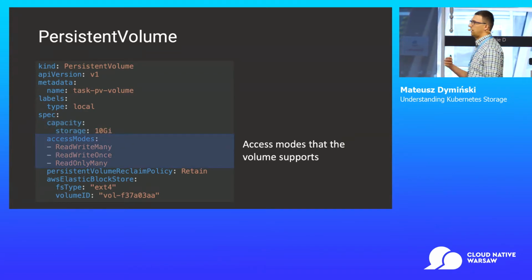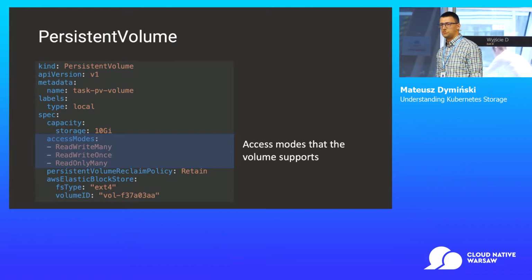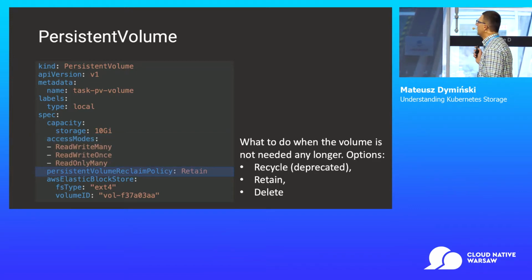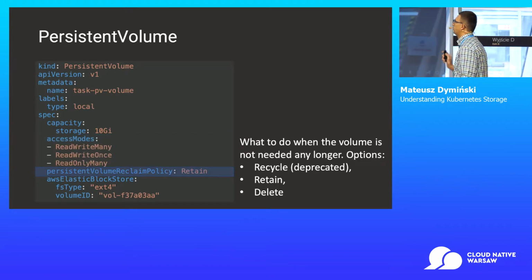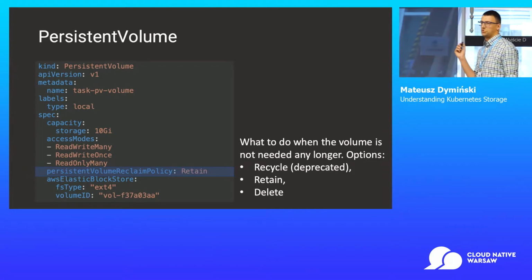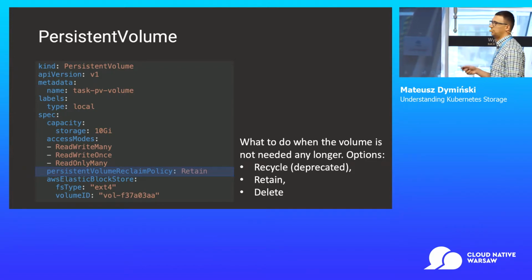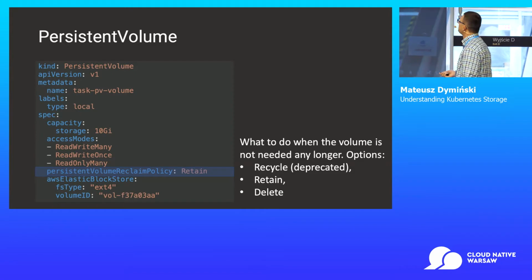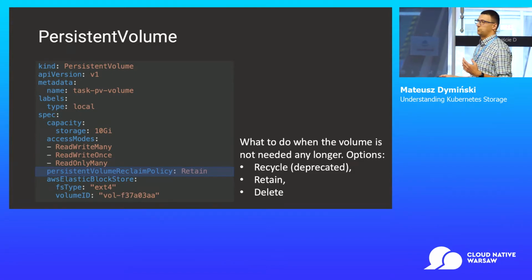What are the types of access modes which are supported by this particular persistent volume, and what is also the persistent volume reclaim policy. This is important, but we'll describe it in detail in a minute. All in all, we need to know that when we delete the claim, sometimes we would like to leave the persistent volume, sometimes we would like to delete it.